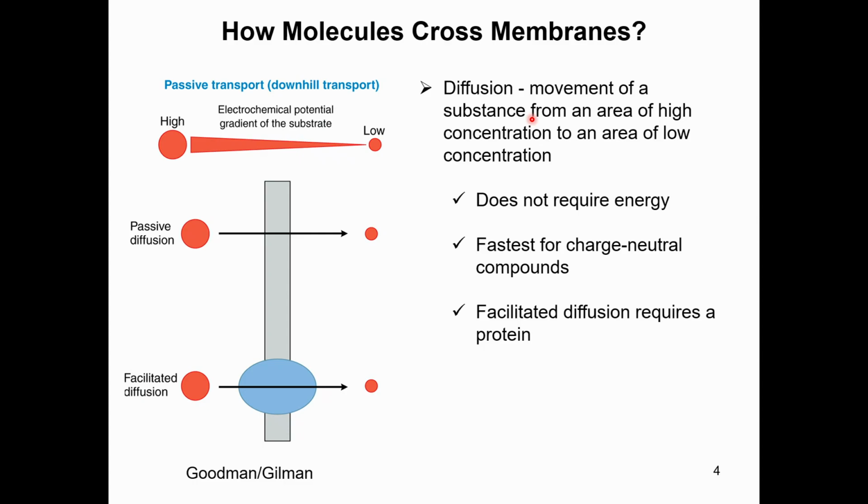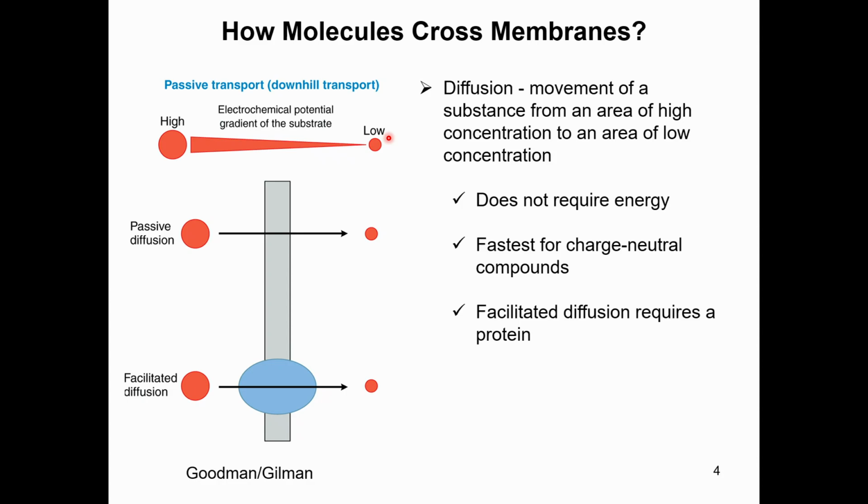So one thing that really drives transport across membranes are concentration differences. If you have a compound or substance that is in high concentration on one side of the membrane and low on the other side of the membrane, there's usually going to be a driving force that wants to move that substance from the high concentration to a low concentration.